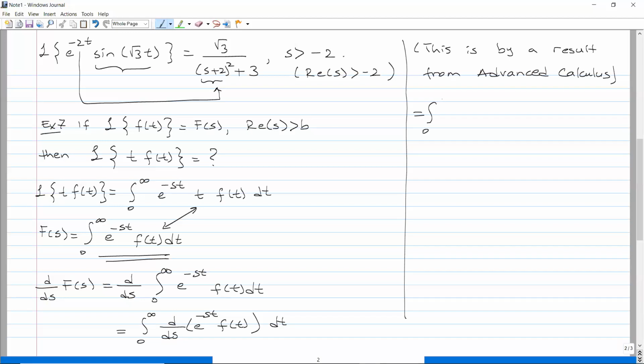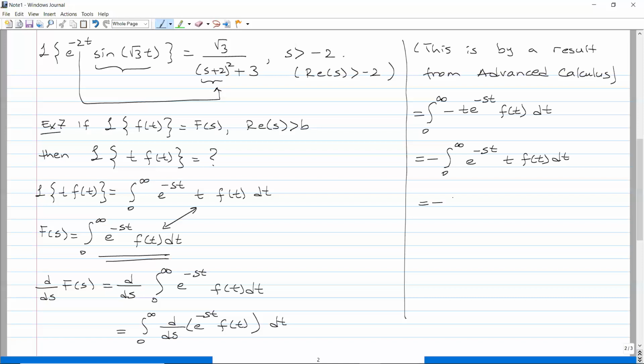Okay, so what is the derivative of e to the minus st with respect to s? The derivative is minus t e to the minus st. And of course, f of t doesn't depend on s, so it's like a constant. So we have minus the integral e to the minus st, t, f of t, dt.